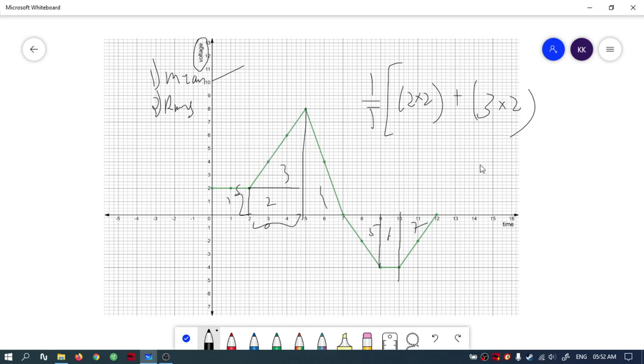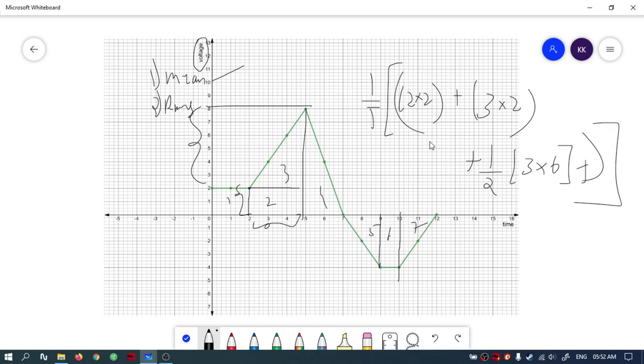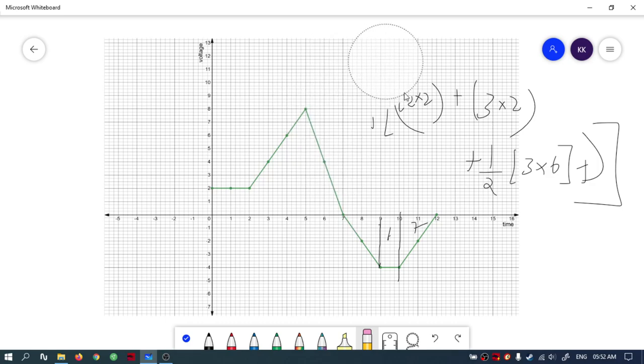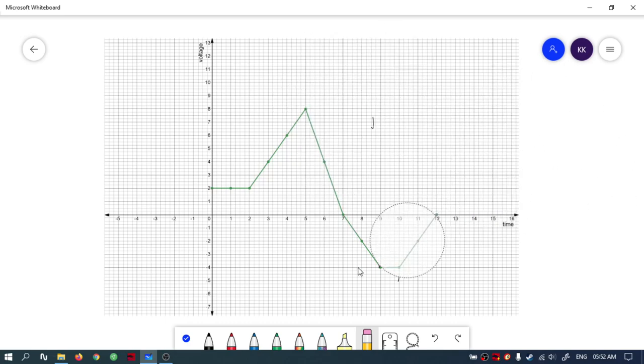And for the triangle, it's 1 by 2 times base times height, where base is 3 here and height is 8 minus 2, which gives you 6. This should be done for every area, and finally get the total area and divide it by the period, that is multiply by 1 by T. So this is the simple way to calculate the mean value.